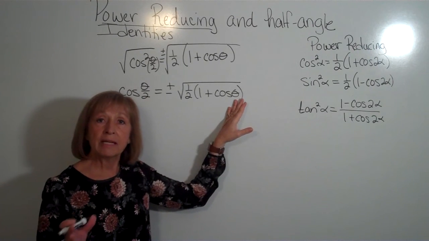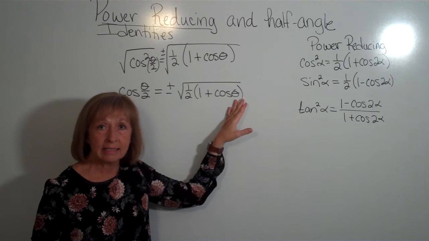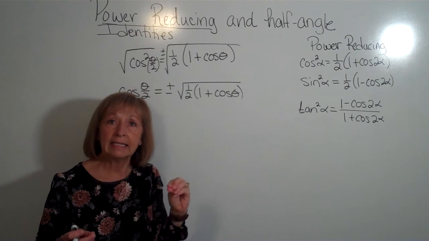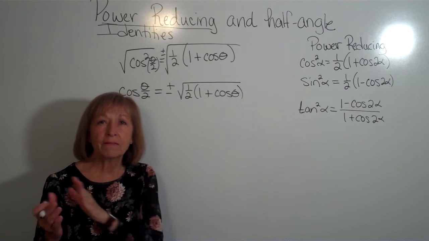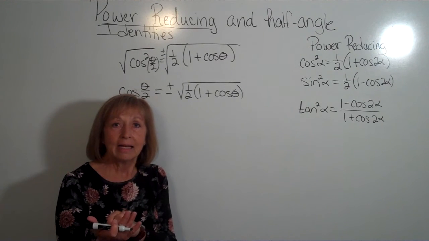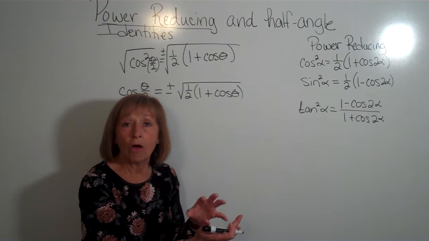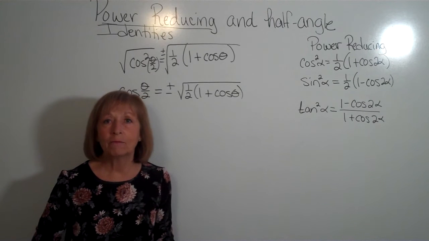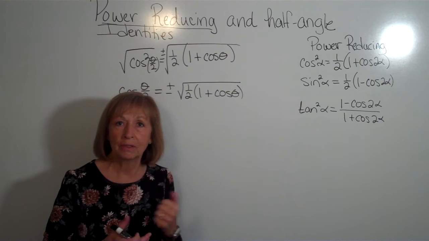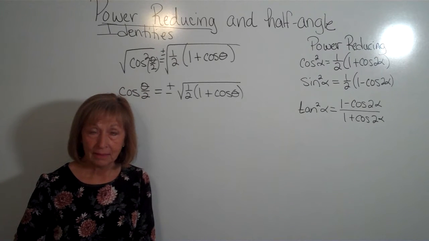Because if we know the span of values that the angle theta is in, then we'll just take and divide each of those pieces of it, divide the beginning of the interval, divide the theta, and divide the end of the interval all by 2, and that will give me the span of values that theta over 2 would have to fall in.